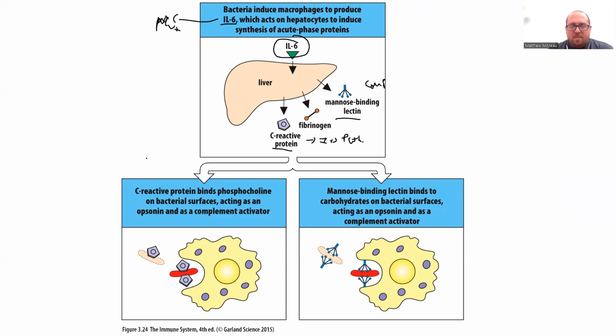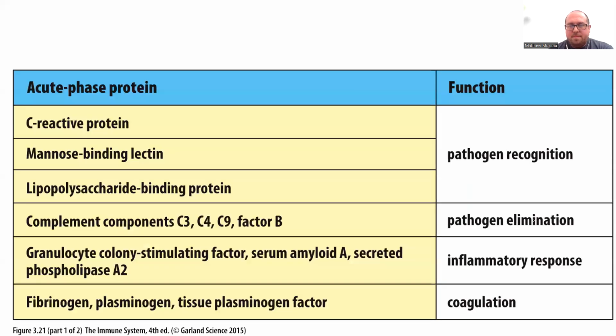So C-reactive protein binds to phosphocholine, which is a phospholipid that's on bacterial surfaces, and it basically serves as a complement activator. And obviously, mannose-binding lectin also serves as a potent activator of complement as well. So here you go.